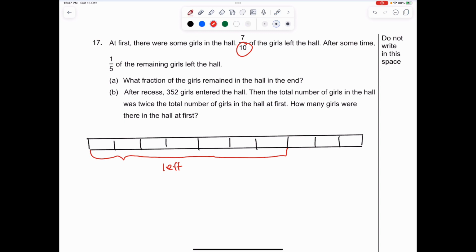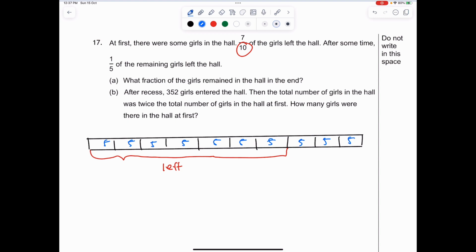So what we can do instead is to write the number of parts for each unit. So this is actually times 5, 5, 5, 5, 5, 5, 5, 5, 5, and 5, right?